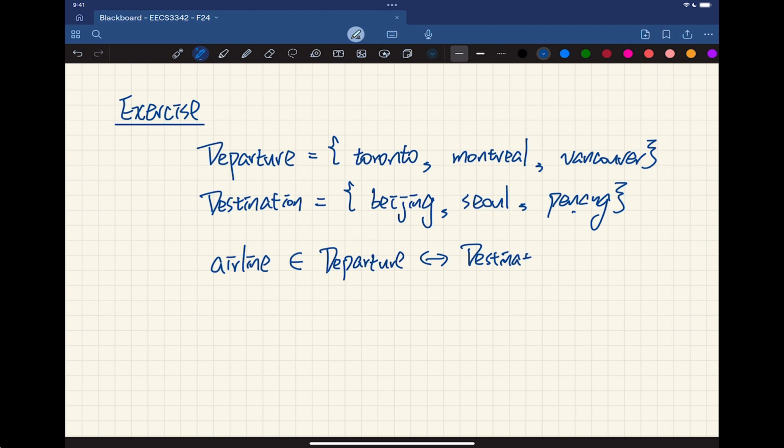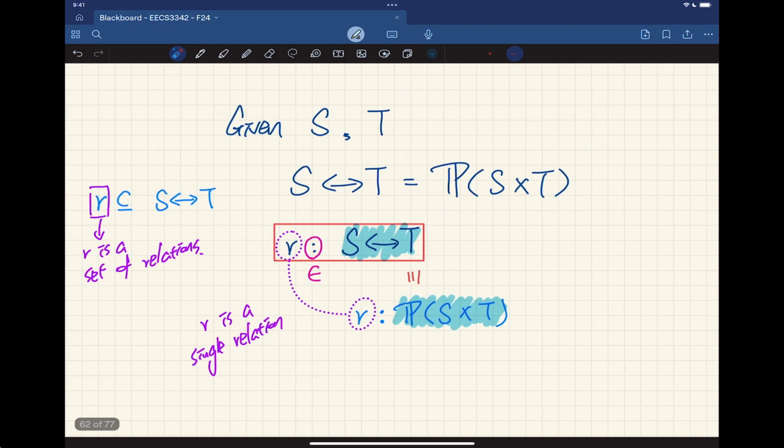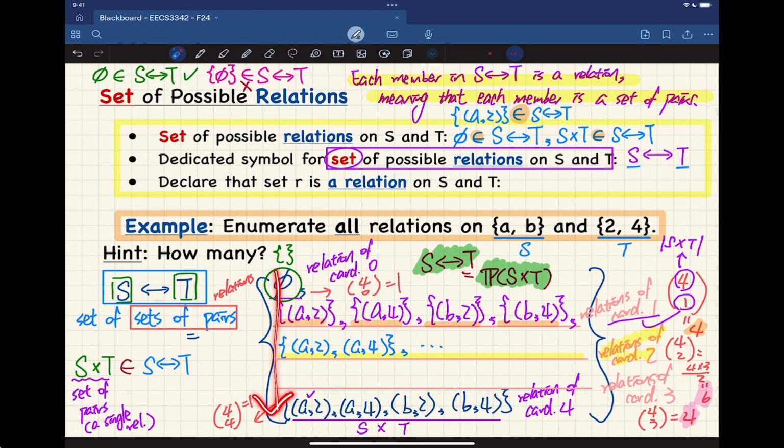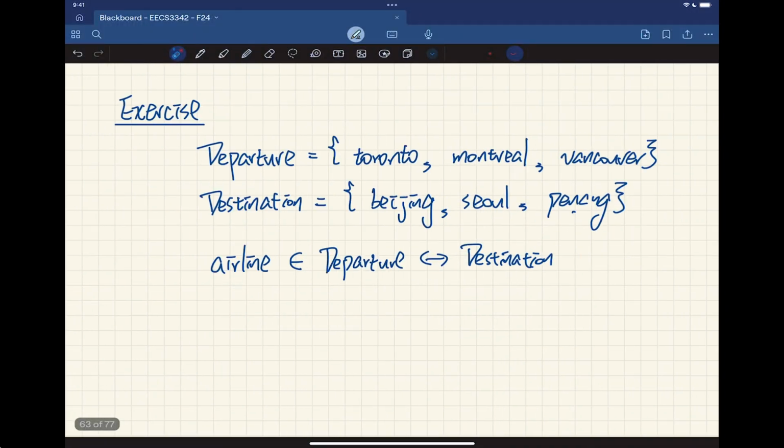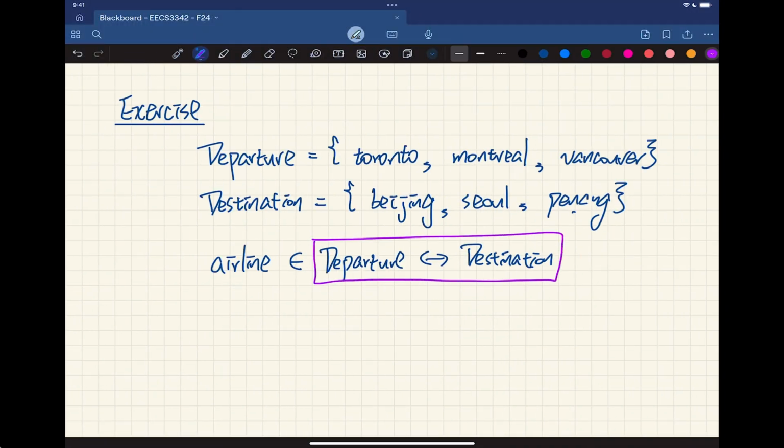Apparently, when I say this, I'm saying a particular airline, could be Air Canada, could be Delta, they are going to support a subset of the Cartesian product. They may not support all the combinations. They may, but they may not, right? They can be all the possibilities from different spectrum, right? And my suggested exercise will be, try to see if you can enumerate.